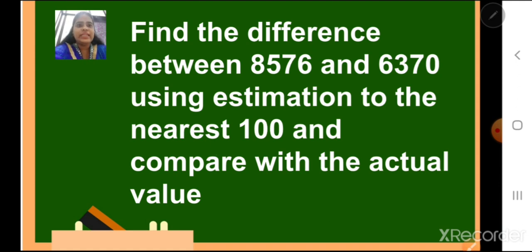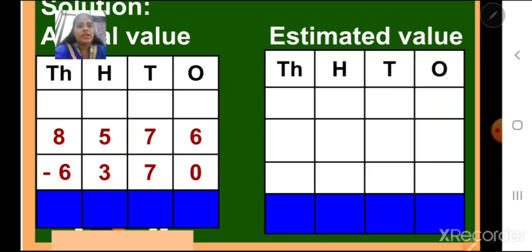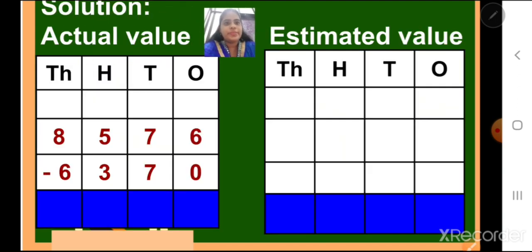So first we will write the numbers properly to find the actual value. For finding the actual value, we have made here one box. Draw the columns, write the place value properly and write the numbers in the proper place. Let us subtract.